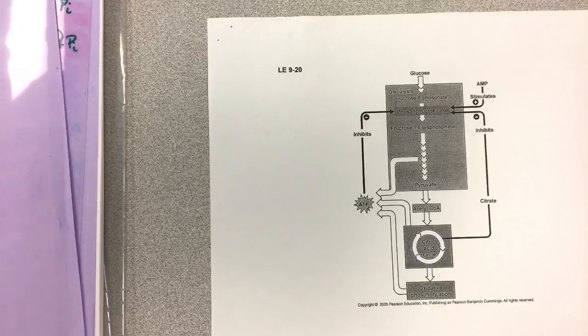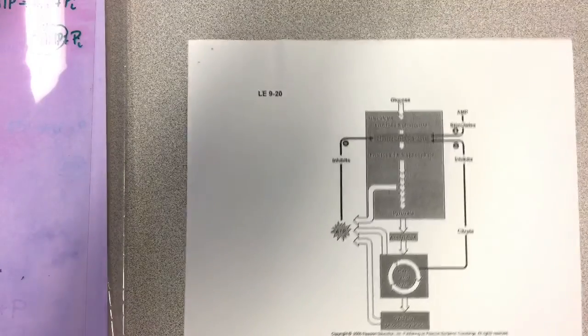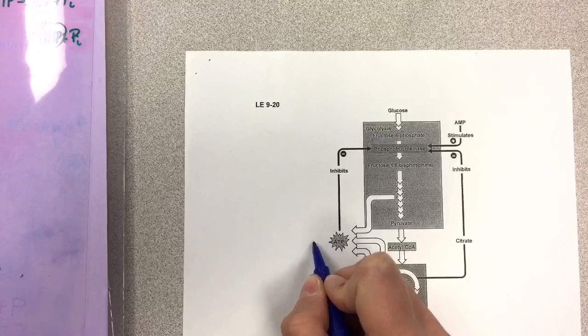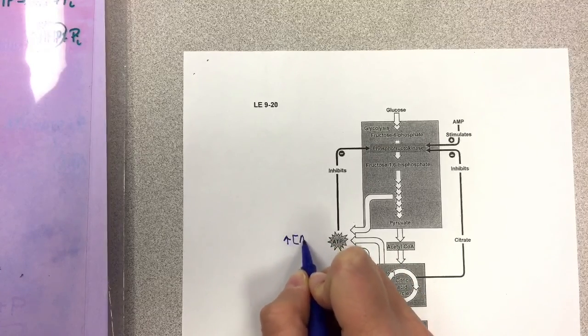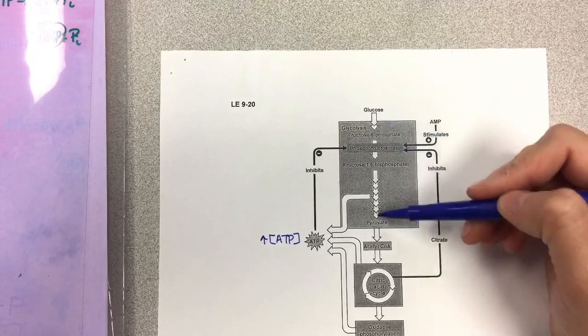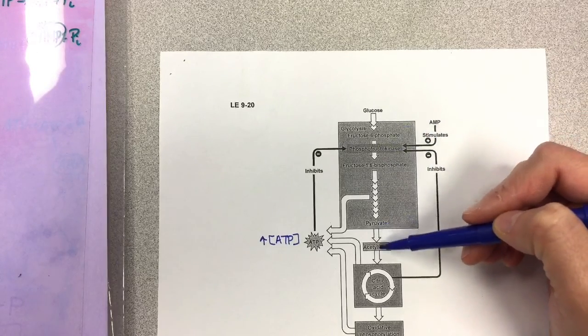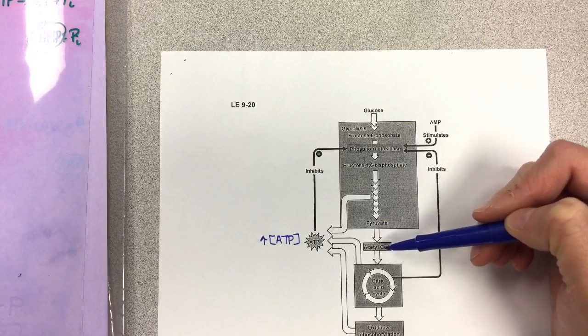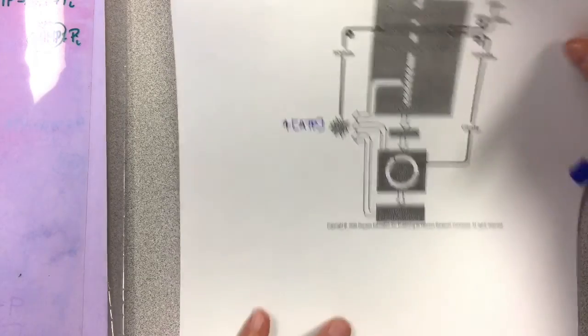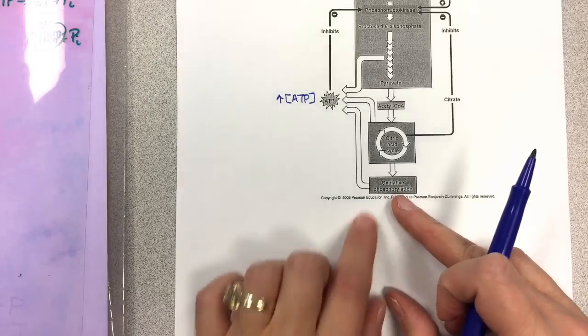So the last picture here. What we see is if we have an increase in ATP concentration, let's look here. This is glucose to pyruvate, that's glycolysis, then the link reaction, pyruvate to acetyl-CoA. Acetyl-CoA enters the citric acid cycle, and oxidative phosphorylation happens after that.